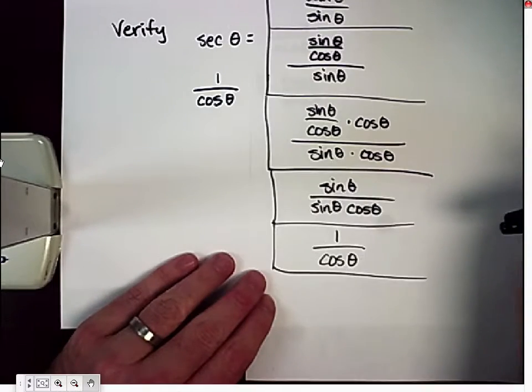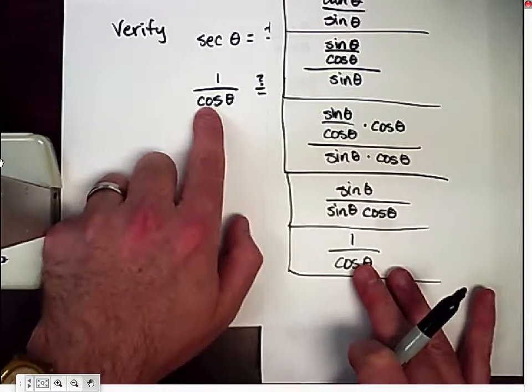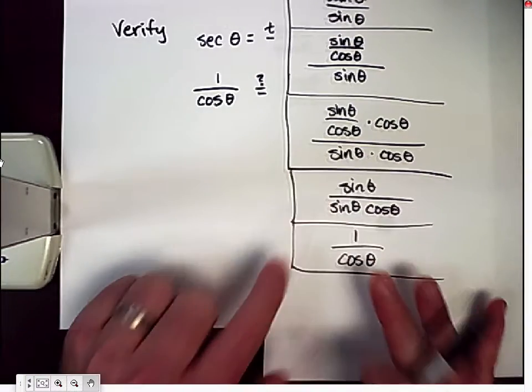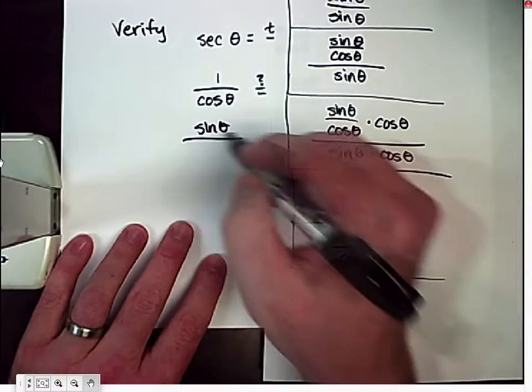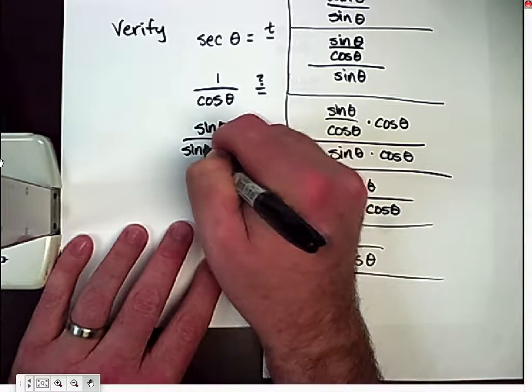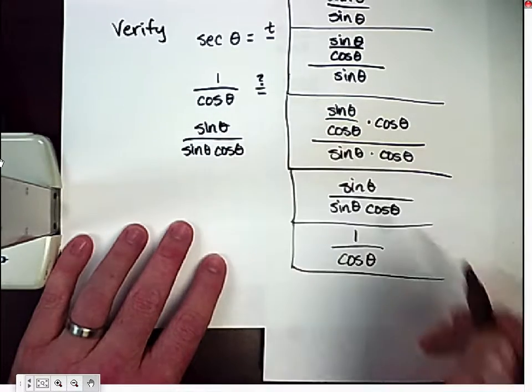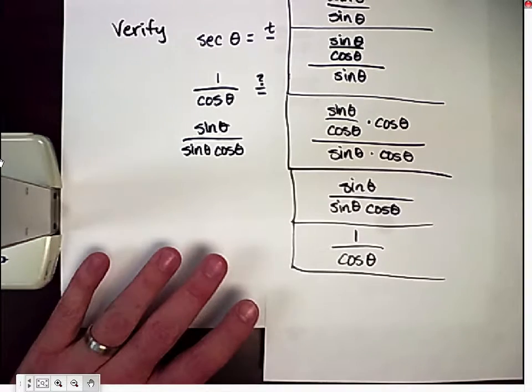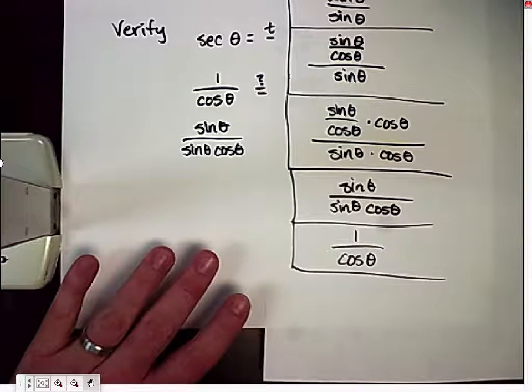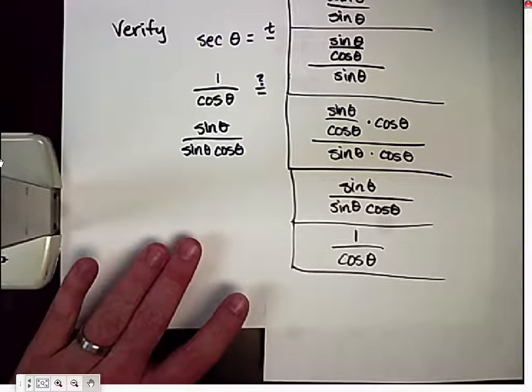Okay? So what we can do here is, in place of 1 over cosine, I can write sine theta over sine theta cosine theta. Right? Because how would we get from there to there? Multiply top and bottom by sine. Right?